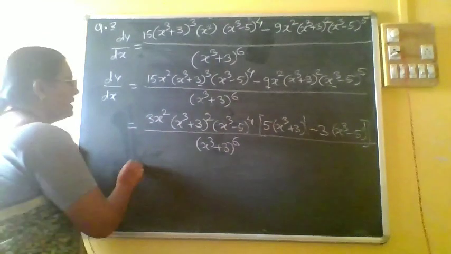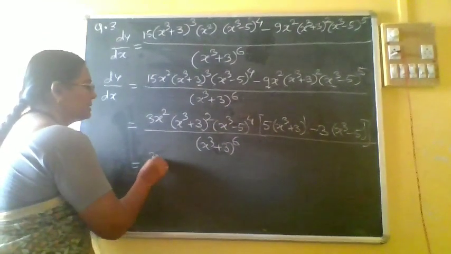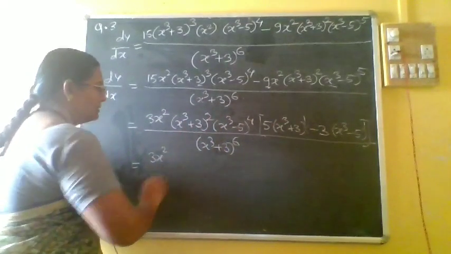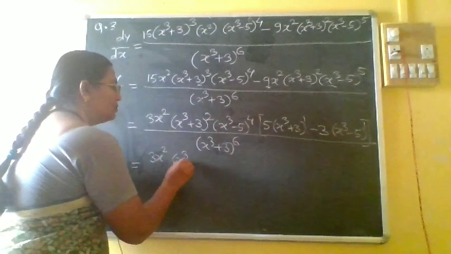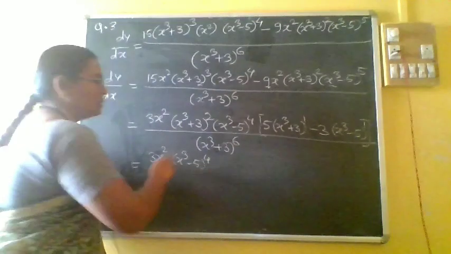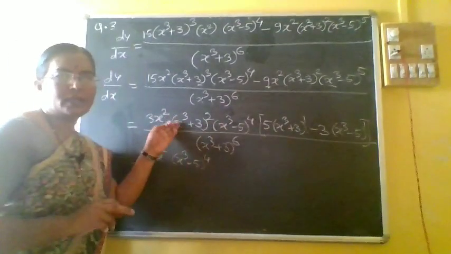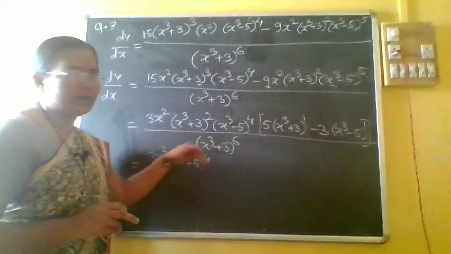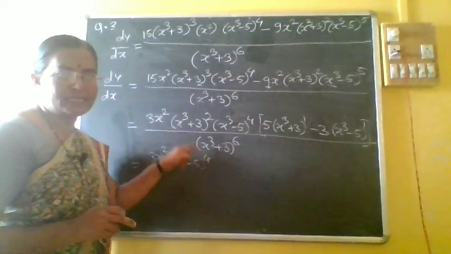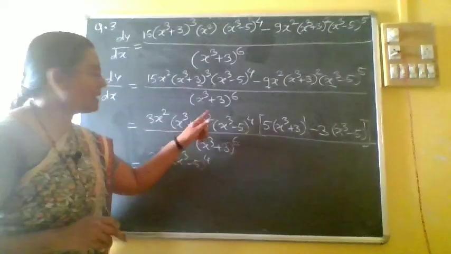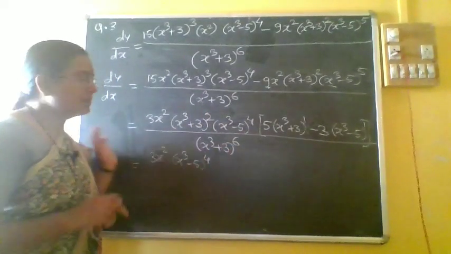That is equal to 3x square, and from these two we have to cancel (x cube minus 5) raised to 4. The (x cube plus 3) squared goes to the denominator, because the base of these two is the same. Then from the indices we subtract 6 minus 2, which becomes 4.